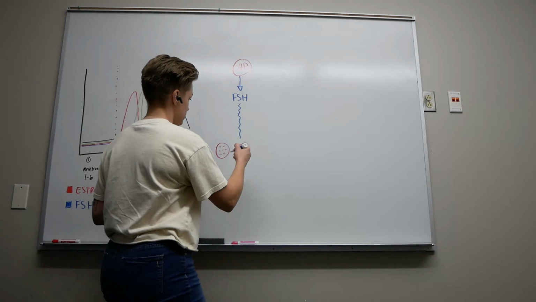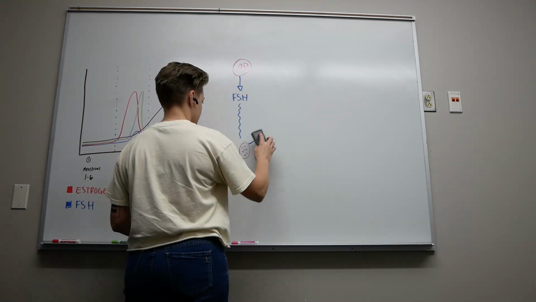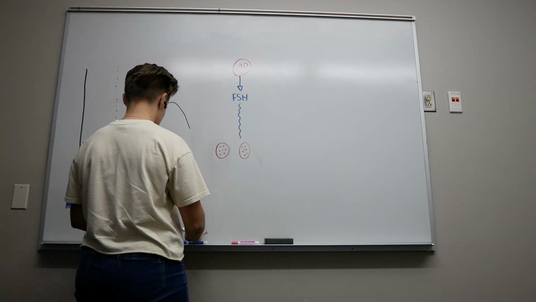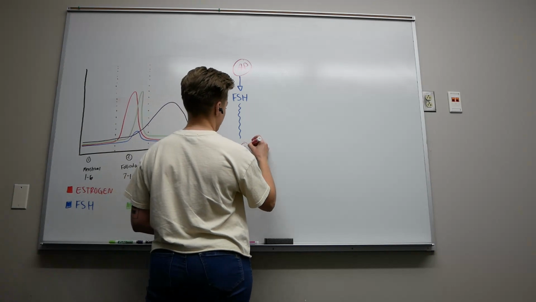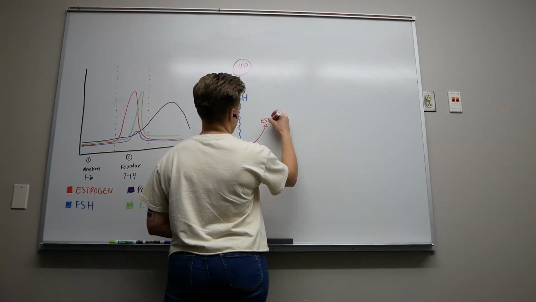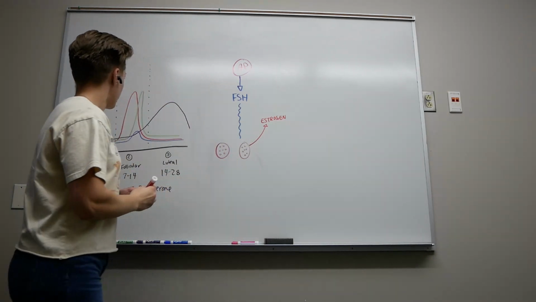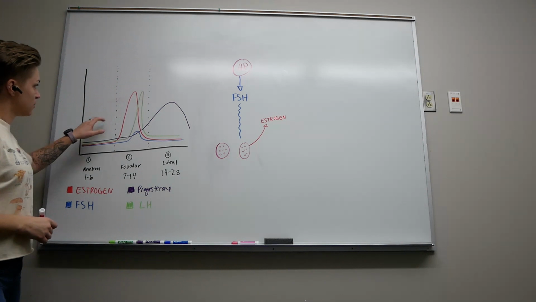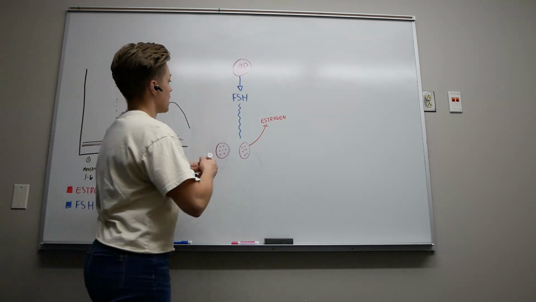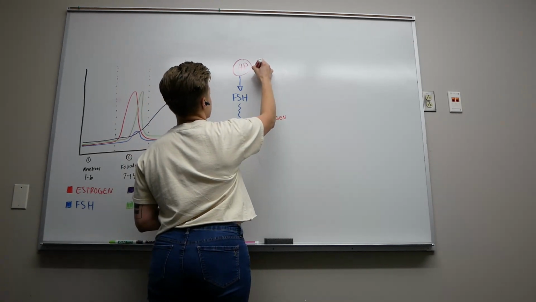As these are starting to grow, they begin to release estrogen. Once they reach the peak levels, it comes back up to the anterior pituitary and says, hey, we have enough of this.